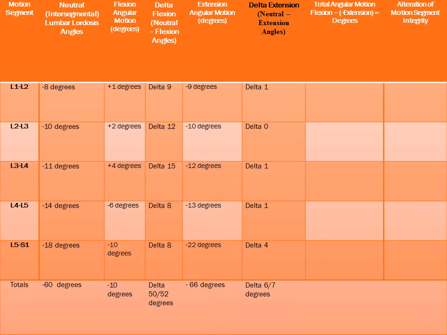So this quickens our thinking to perhaps the possibility that there is a loss of motion segment integrity somewhere here in the lumbar spine. By doing our analysis first, comparing flexion and extension to the neutral lateral, it gives us an idea where those losses of motion segment integrity lie. In this case, it appears that they lie in the movement of lumbar extension, because there's very little movement of the spine in lumbar extension.